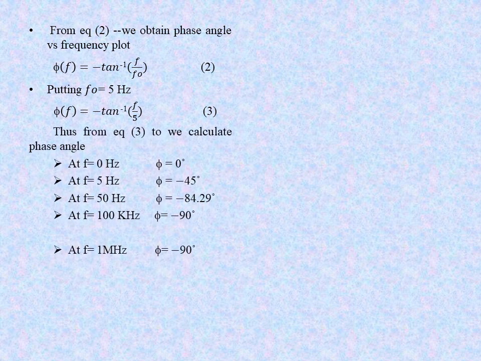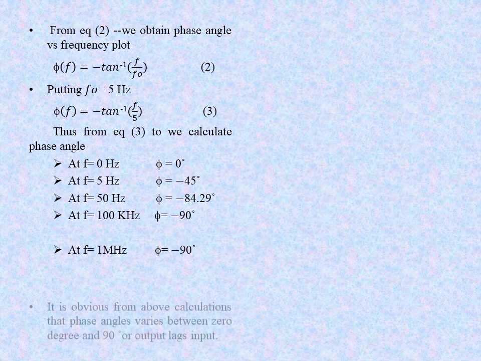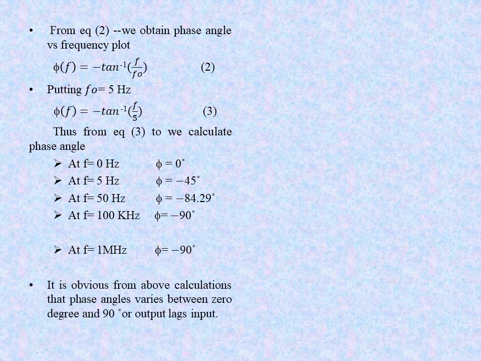So these are the different f values, and we have calculated the phi values. What we can see is that the phase angle varies from 0 to 90 degrees as operating frequency changes, and it is also observed that output lags input.